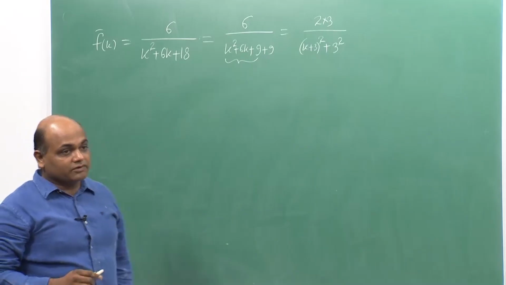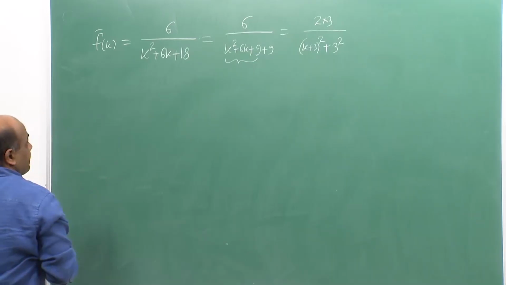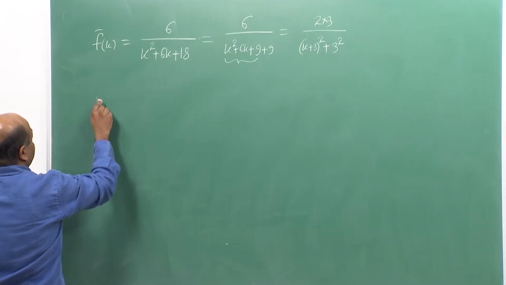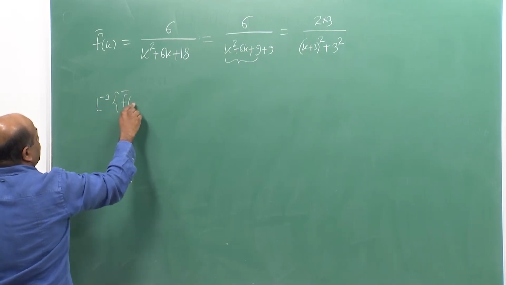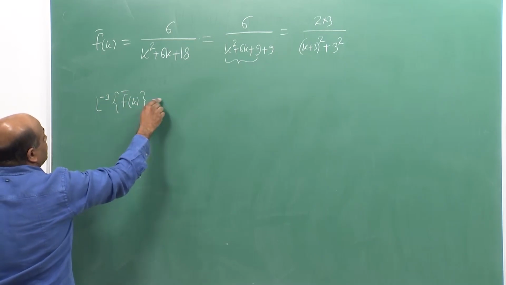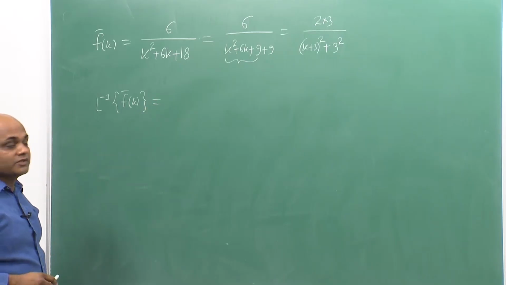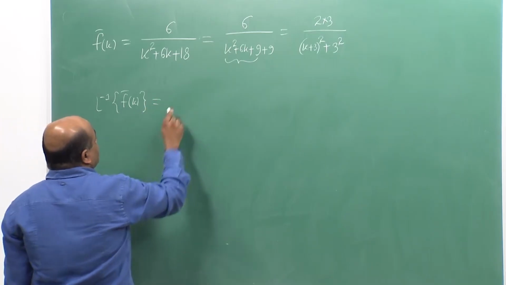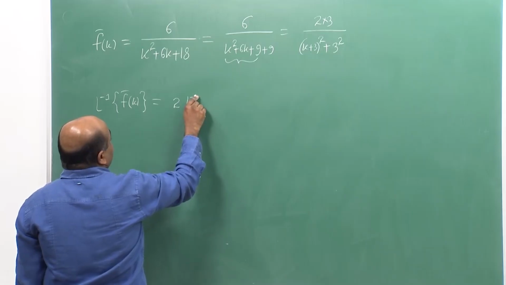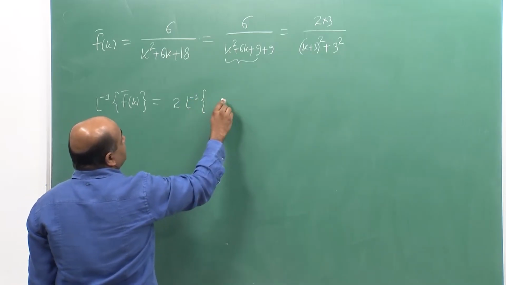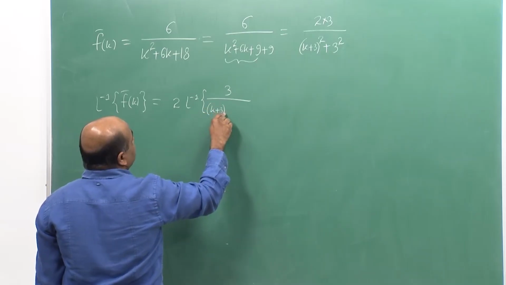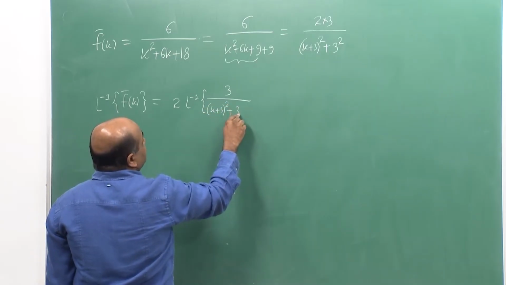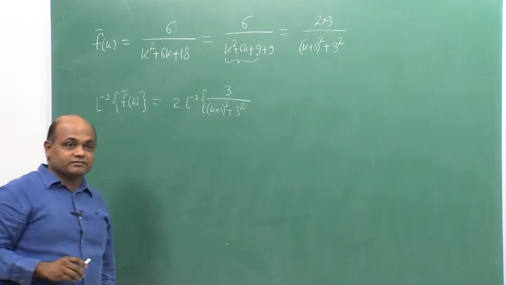So, does this look familiar? So, L inverse of f bar of k should be equal to 2 times L inverse of 3 over k plus 3 square plus 3 square.